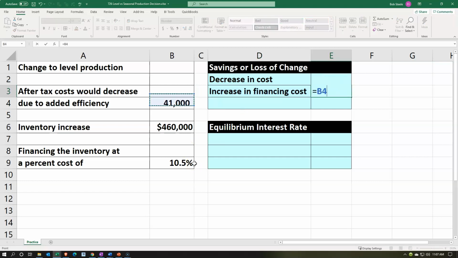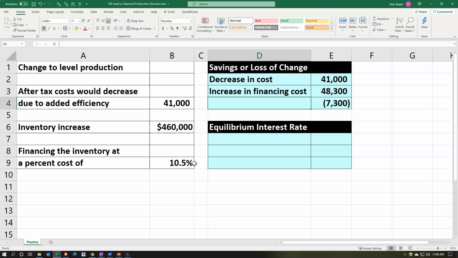If we subtract those two, we're at a loss on the change. So if we were to change, it would be a negative impact, and we wouldn't want to change in that case. We would want to keep the more inefficient production process, because the added cost of financing the inventory is more than what we would save by producing more efficiently throughout the year.